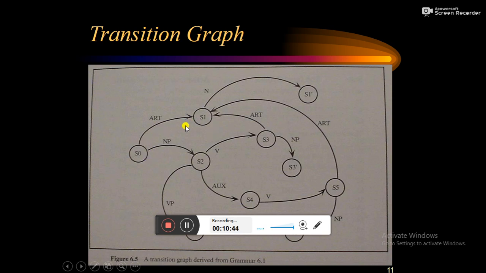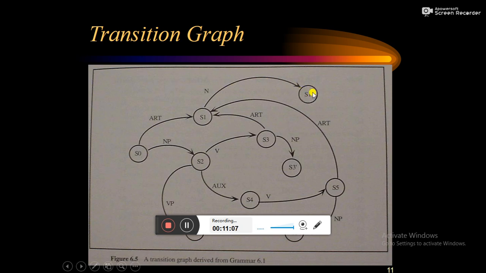For example, if S0 is the start state and it gets an article, then it is expected to move to state S1. Similarly, after getting the article, when we are shifting to the S1 state and it gets N, it is expected to go to S1 dash.